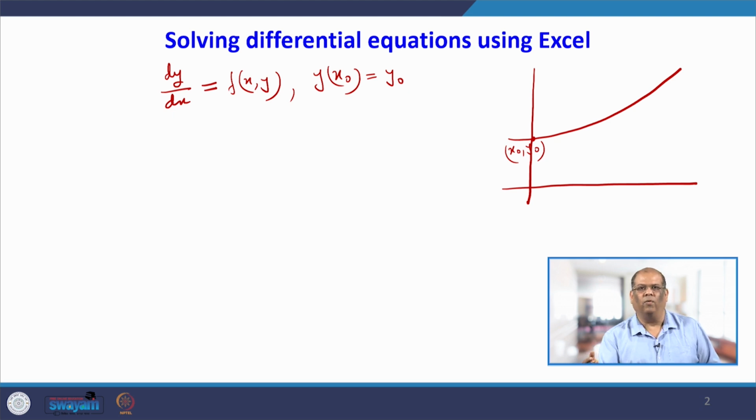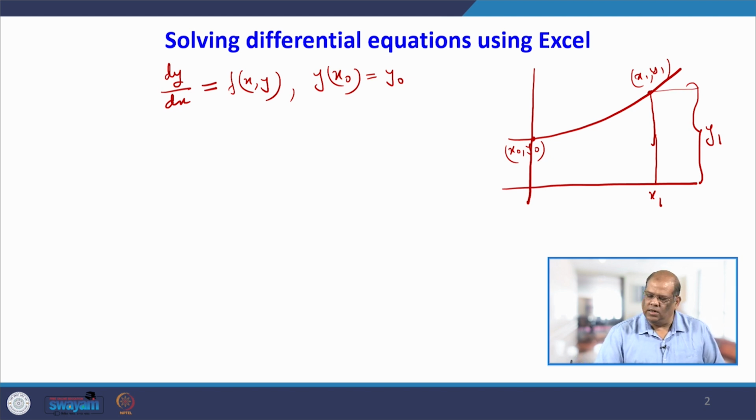You need to find what is x1, y1, x2, y2, x3, y3 and so on, and ultimately join those points to get a graph. So, that is how your numerical methods work. So, if this is your actual point x1, y1 in the curve, then this is your x1 and this is your y1.